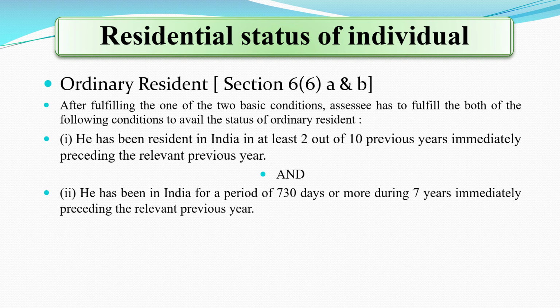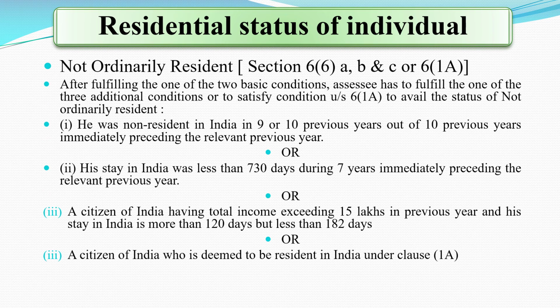One important point to be noted is that the individual must satisfy both of these conditions to get the status of ordinary resident. So first we check whether he is a resident or not, and after that the person has to fulfill both of these two conditions.